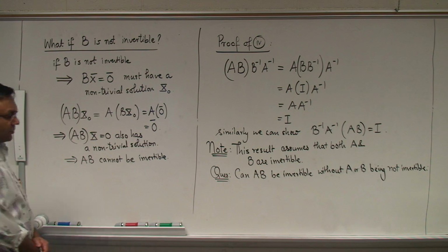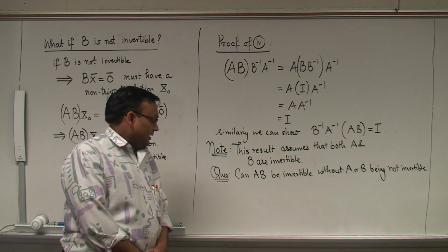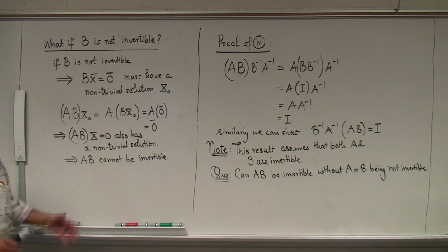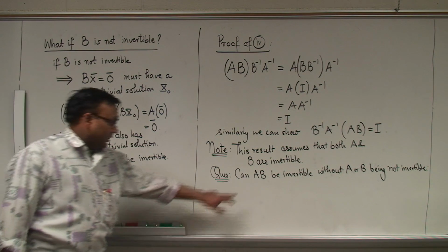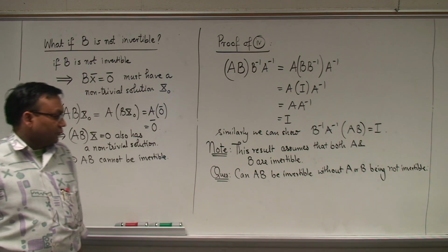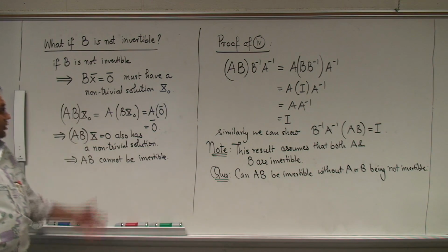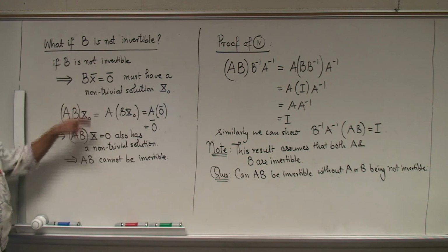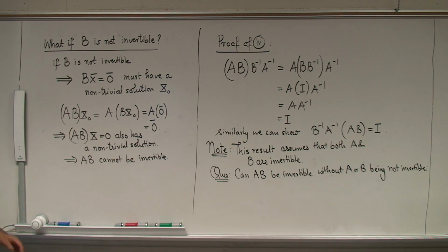In fact, if you remember matrix multiplication, we had given several interpretations of matrix multiplication in terms of linear combination of columns of A, in terms of linear combination of rows of B. So what this is suggesting is, if rows of B are dependent, then the rows of AB are also dependent and hence not invertible.